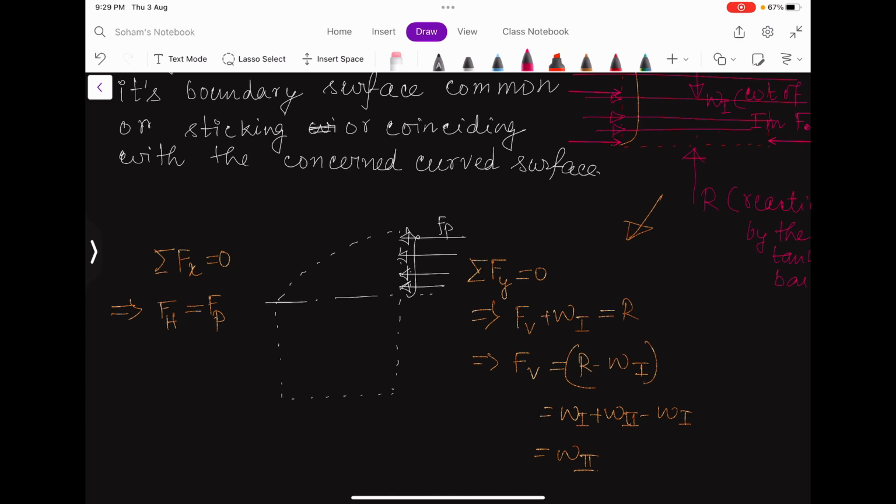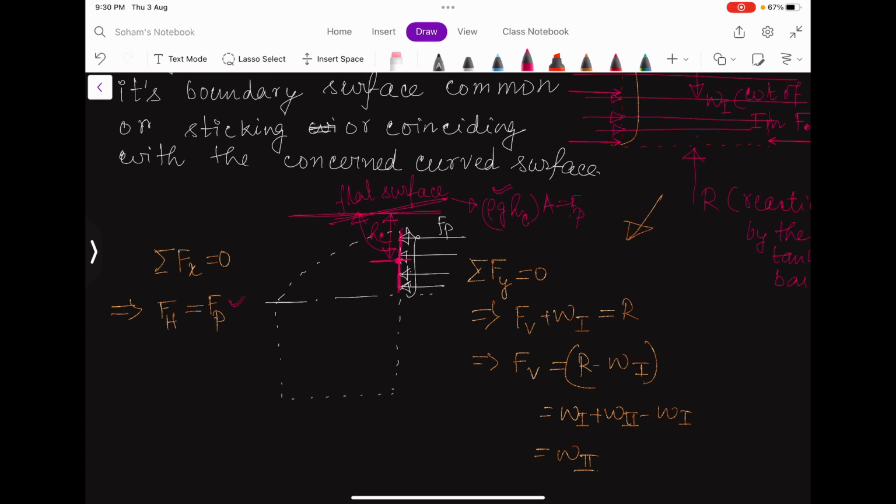I can see that this is just a flat surface, and I know the principle of finding the force on a flat surface. That is rho g h of the centroid into the area. I can find the centroid, and I have to find this height hc from the free surface to the centroid. Then I can find this Fp.